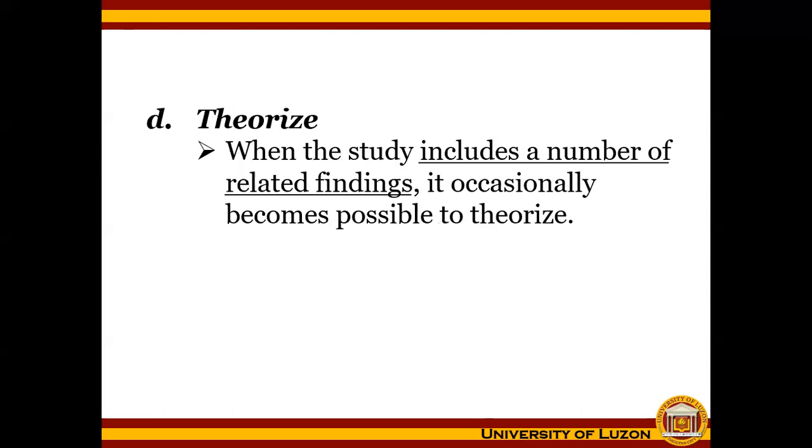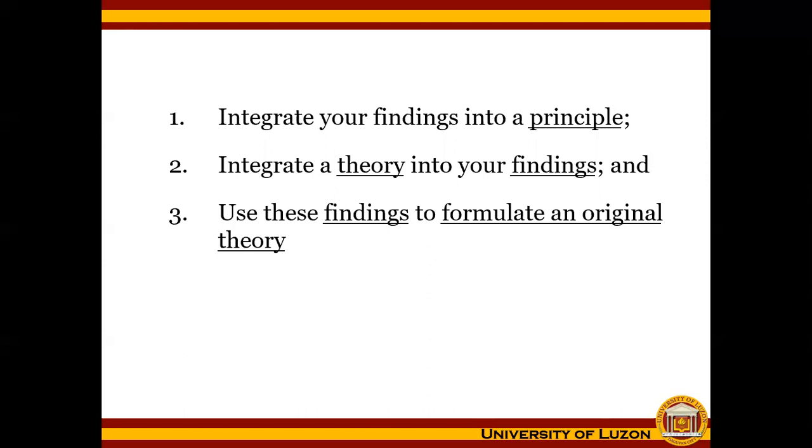And then you theorize. When the study includes a number of related findings, it occasionally becomes possible to theorize. Theorizing is also a way to do some inferences. To sum it up, you will need to integrate your findings into a principle, integrate the theory into your findings, and use these findings to formulate an original theory.